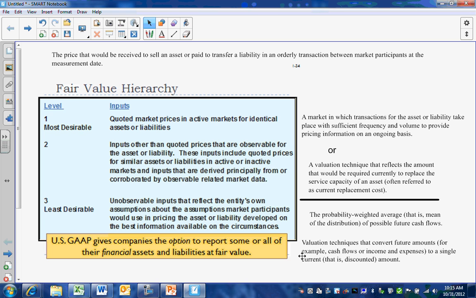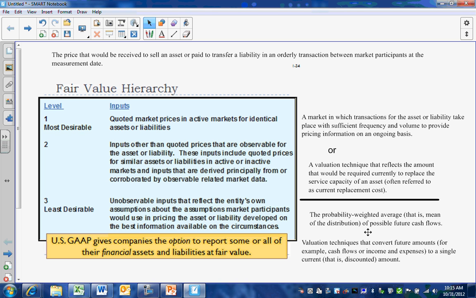its current present value. So present value calculations are used at the measurement date to determine the present value of some future amount. And these can either be numbers that we have a good estimate of based on contracts, or they can be a weighted average based on statistical probability.